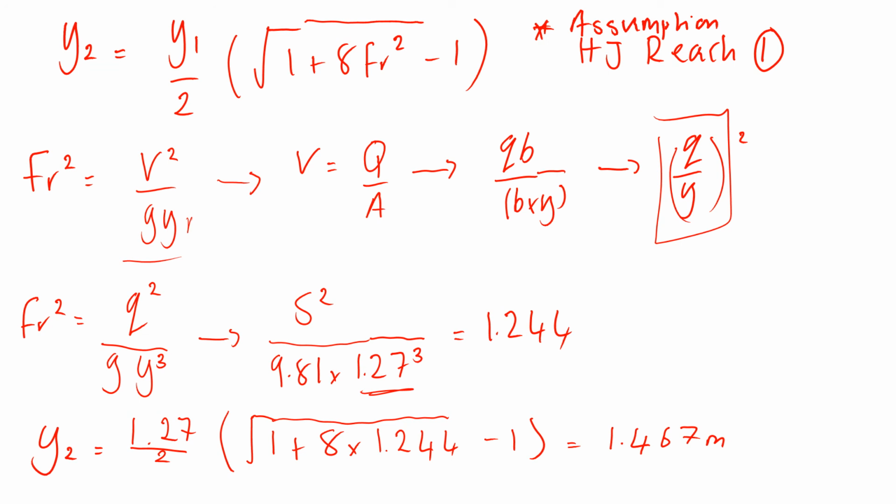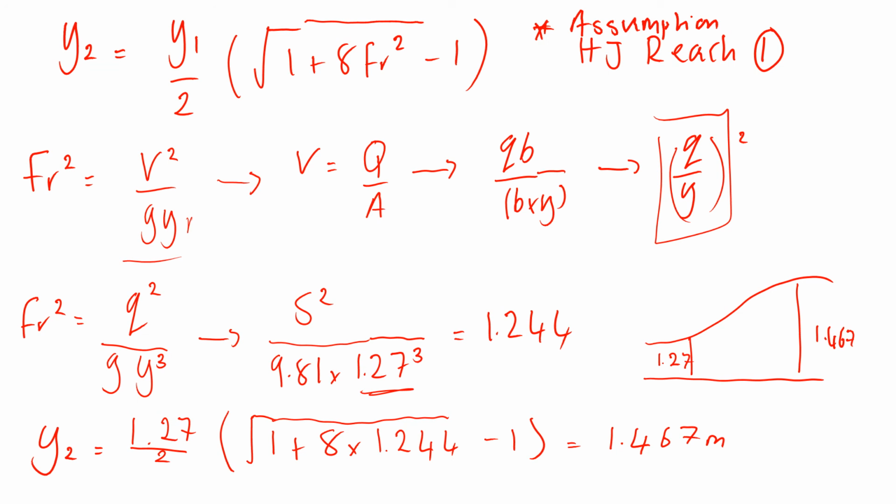So what that is showing is, if this is 1.27, this is 1.467. So it's showing a hydraulic jump has occurred in reach 1.